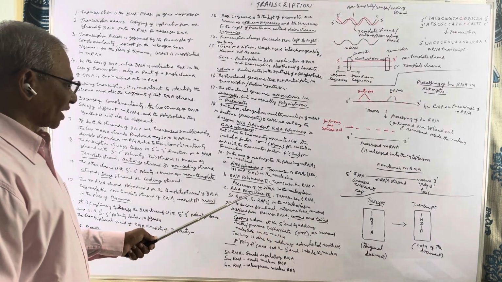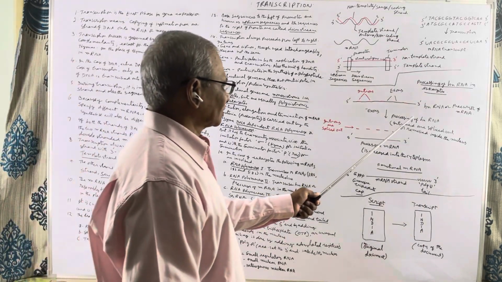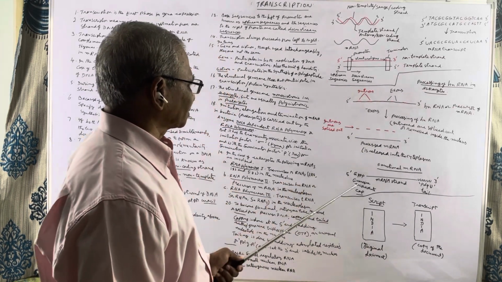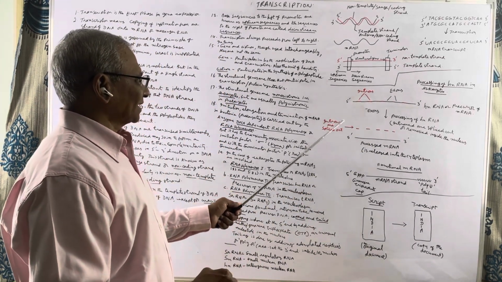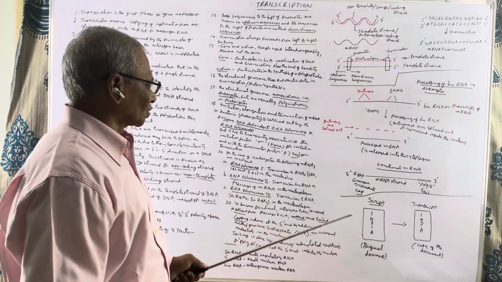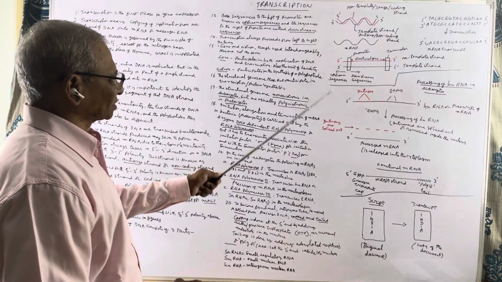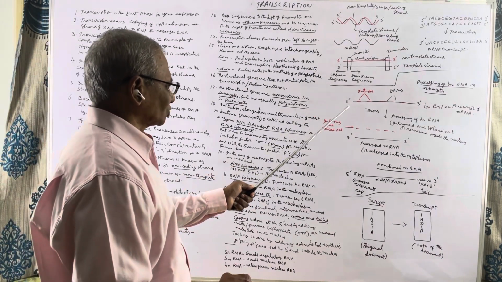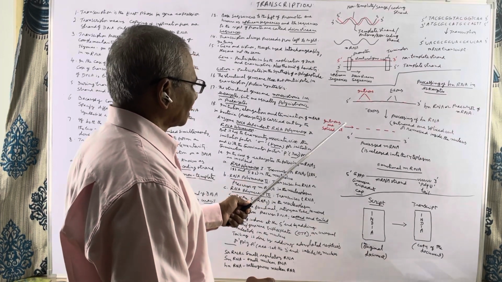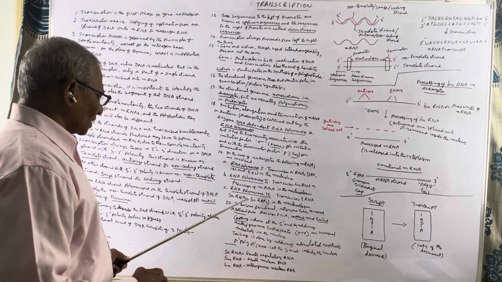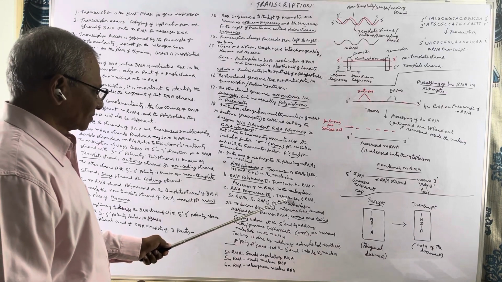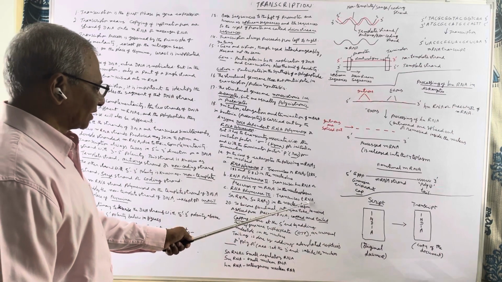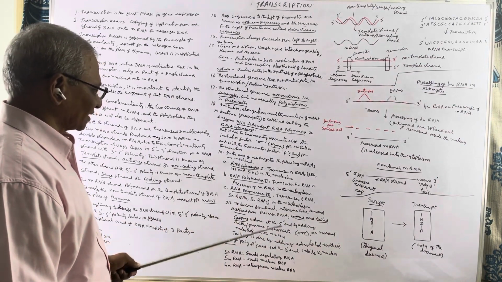Whereas RNA polymerase 2 transcribes heterogeneous nuclear RNA or precursor of mRNA, which has both introns and exons, and the exons are retained, introns are spliced out in the nucleus. After processing, the RNA is known as processed mRNA. RNA polymerase 3 also acts in the nucleoplasm. It transcribes tRNAs, srRNAs and snRNAs.